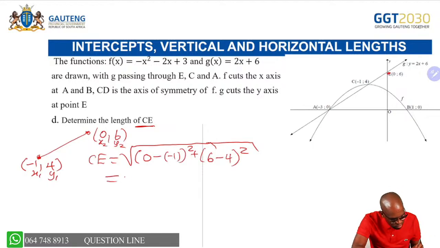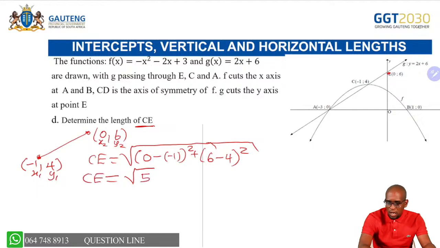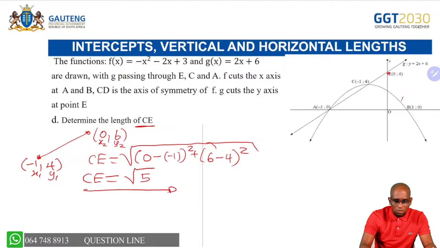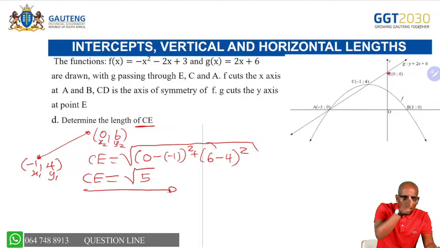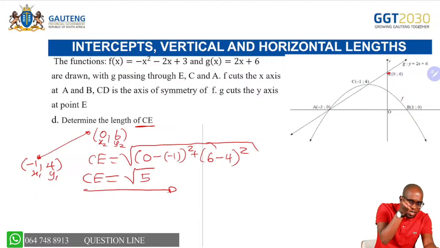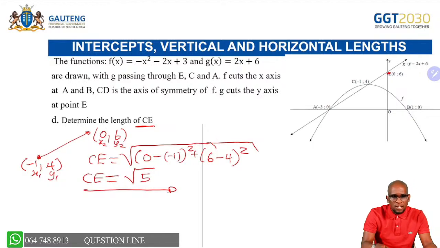So this would be the square root of 5. CE would be the square root of 5. If you put it in your calculator, then you know the length of CE. Right, good people, we've worked out horizontal length, x on the right minus x on the left, vertical length, y top minus y bottom, diagonal length, the distance formula. That's what we learned on the previous 3 slides.